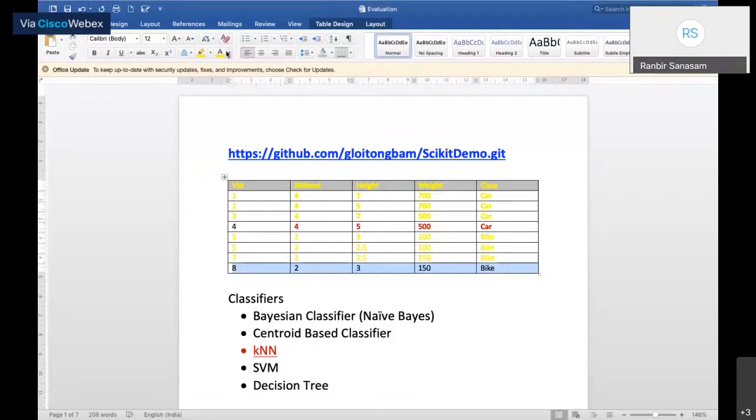So I am going to give these examples to my classifier and check what the predicted class labels are. If the predicted class label is car and your actual class label is car, then it is correctly classified, right? If the predicted label is bike and it is actually a car, then it's misclassified.